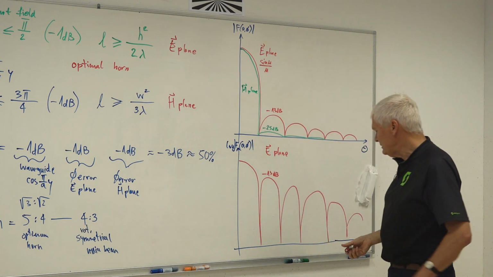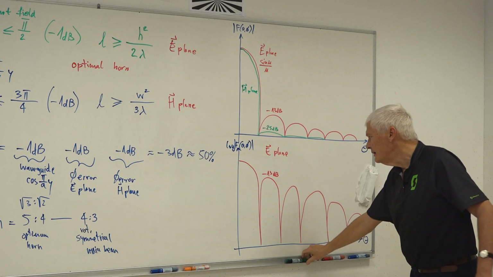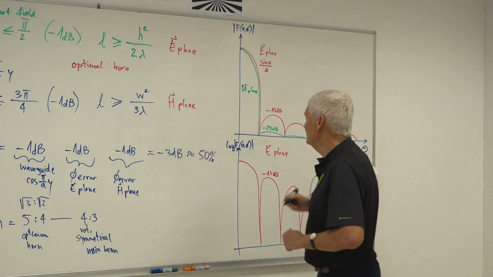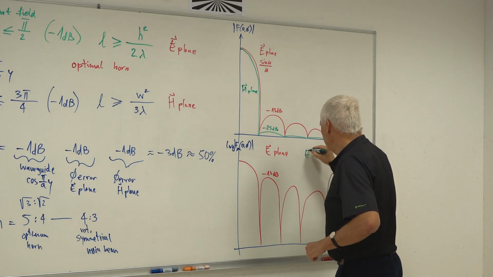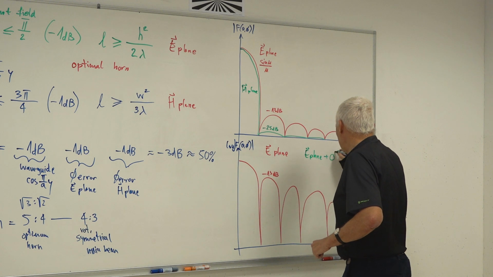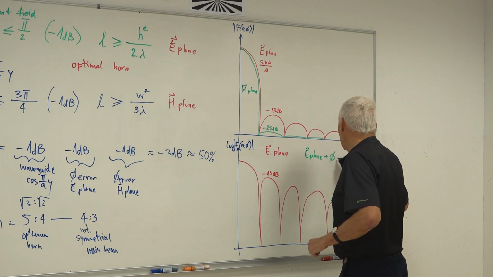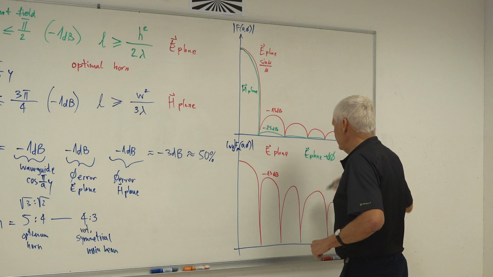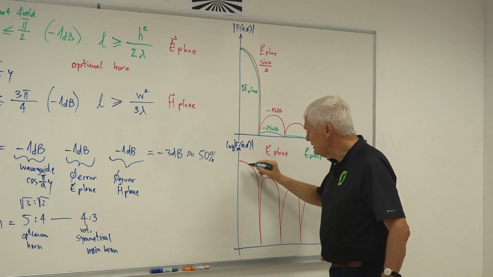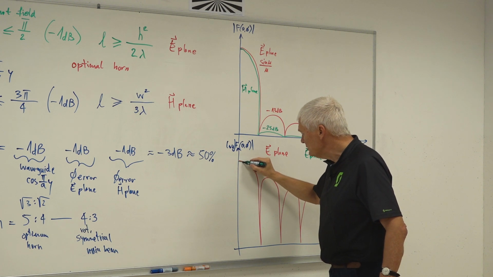Now, what happens if I have a square phase error? So E-plane plus a significant square error, delta-phi. The radiation pattern will not change much.